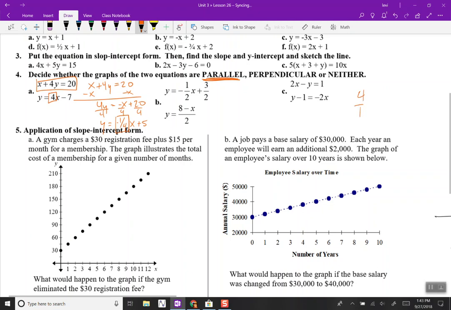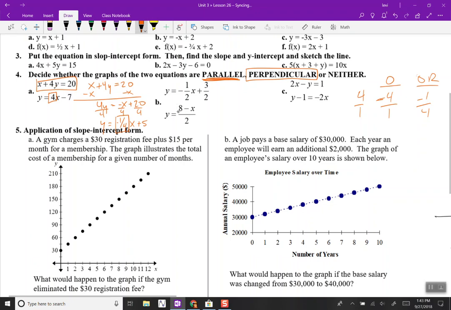If we take the opposite of 4, that makes negative 4, right? And the reciprocal of the opposite would be negative 1/4, and that's negative 1/4 and 4. So those are opposite reciprocals. That means that they're perpendicular lines.